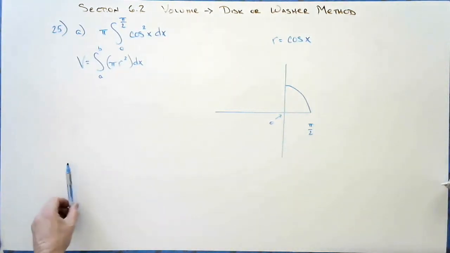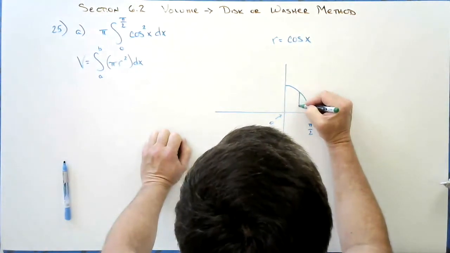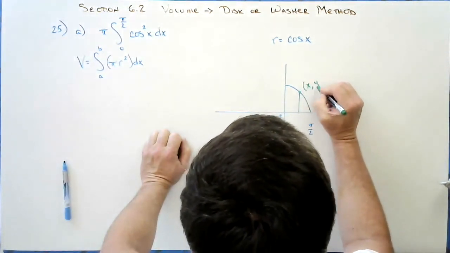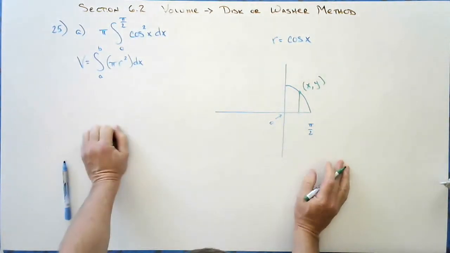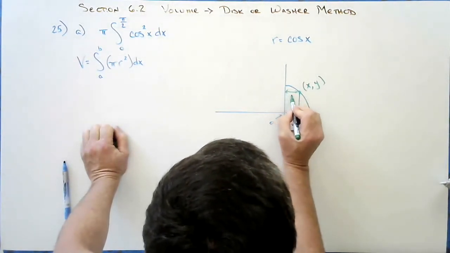And our radius, if we draw our typical rectangle, this is x, y. We need our radius to be cosine of x, which means we need our radius to be right here.